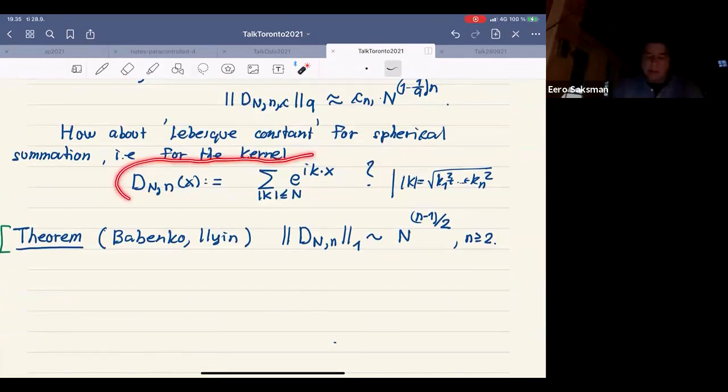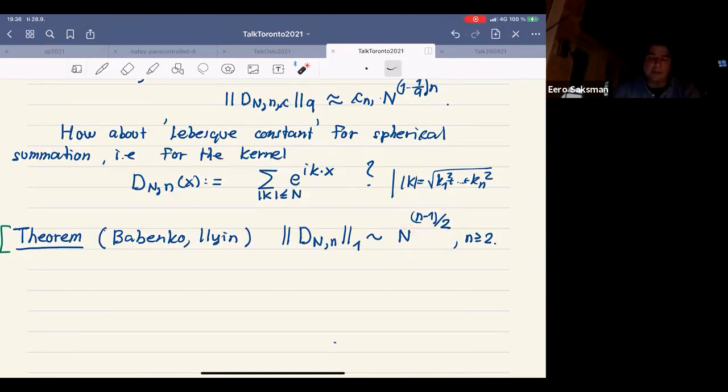And there's a quite famous theorem due to Podkorytov and Ilin around year 70. I don't know the exact year, but that this actually blows up polynomially in n, depending on the dimension.